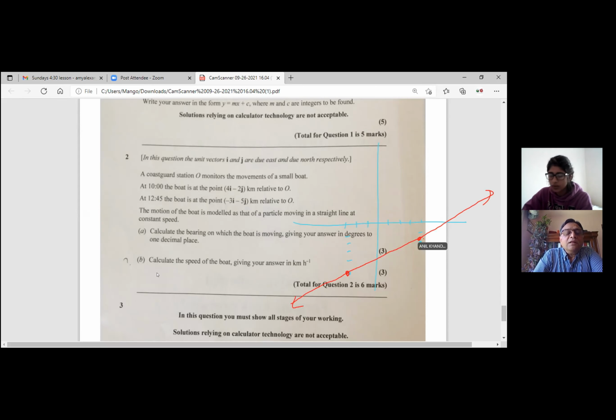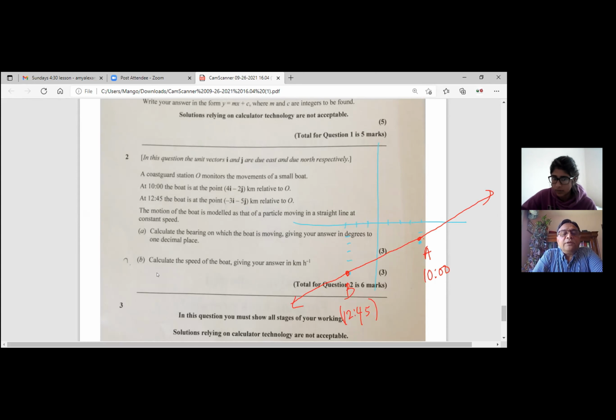At 10 a.m. the boat is at this position, so A is my first position, at 10 a.m. Position B is at 12:45. These are the two positions.